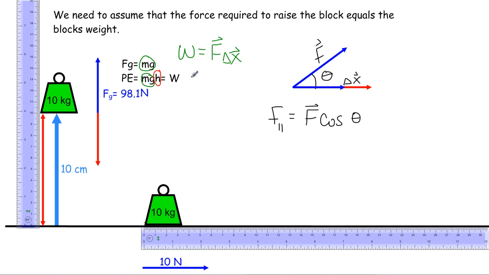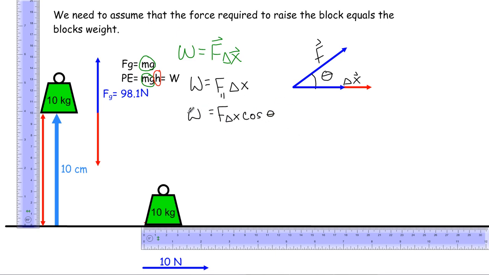And because work is the parallel component of the force times its displacement, I can write that as the force itself times the displacement times the cosine of the angle between the two. Cosine theta. All right, so I have this new equation for work, and it's really not that hard. W = F delta x cosine theta.